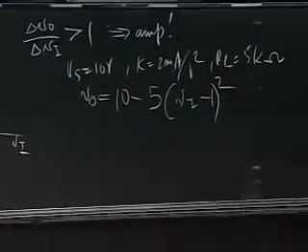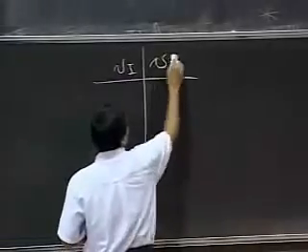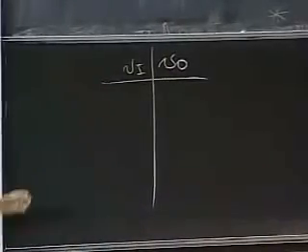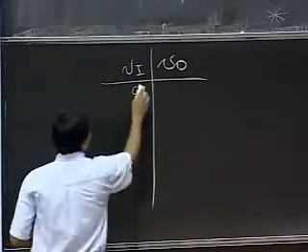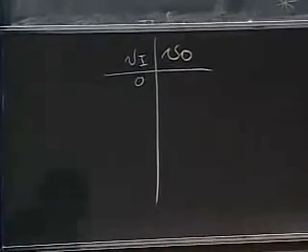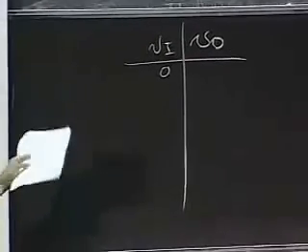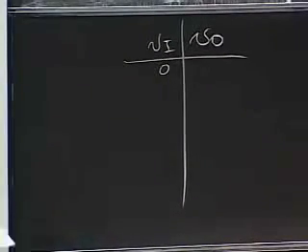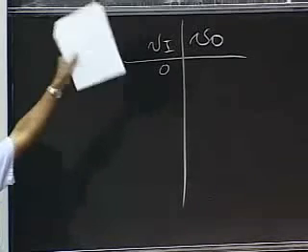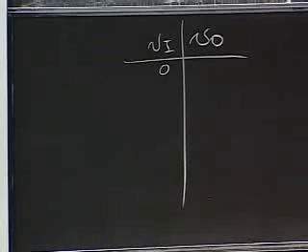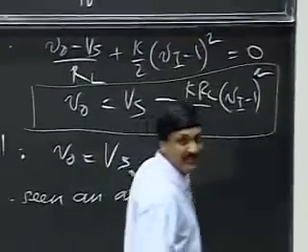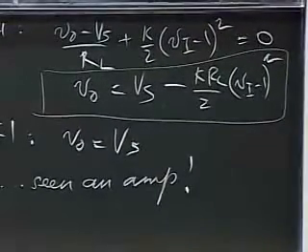So just plug in a bunch of numbers, and that's what I get. Let me do a little table for you and plot using real numbers. So when Vi is 0, my current is 0, and, oh, that equation doesn't apply, by the way. That applies when Vi is greater than 1. So as long as Vi is less than 1, my output is simply Vs. My output is simply 10 volts.